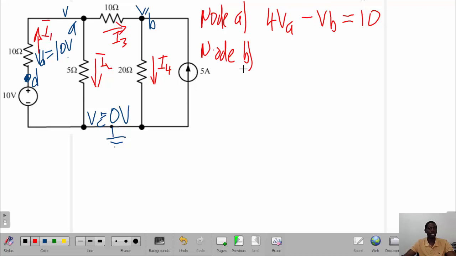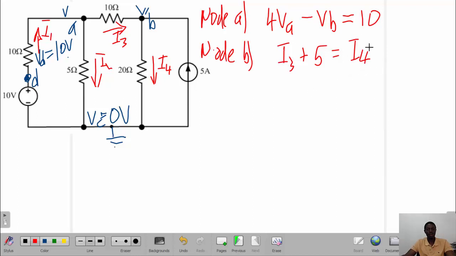Now we go ahead to make the equation for node B. Here we've got I3 entering and the 5 amp entering and I4 leaving. So what is entering is I3 plus 5 equal to I4.